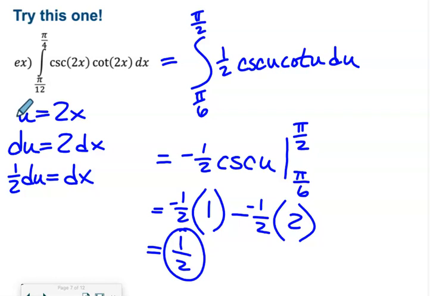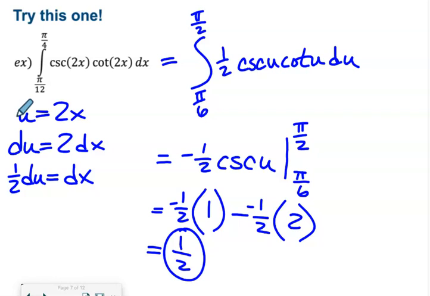If your u is linear, do you know what linear means? How do you recognize it if I give you a function? It's ax plus b: a number times x plus another number.